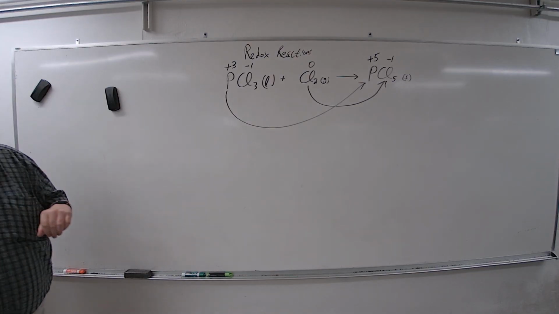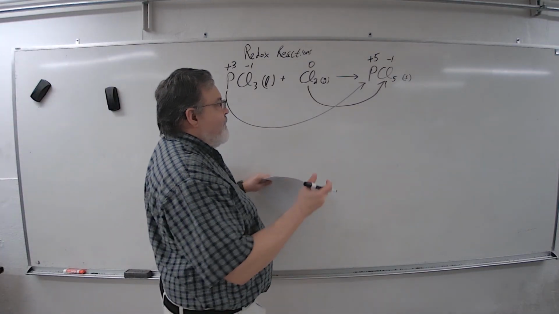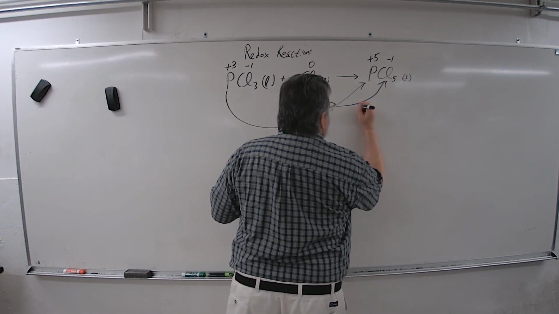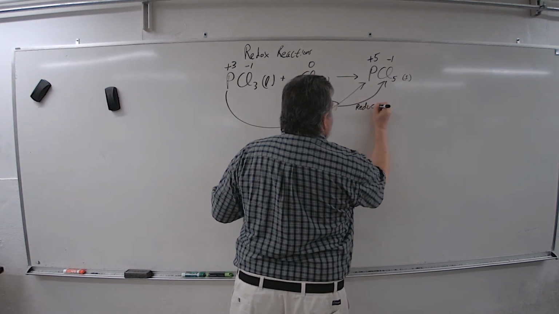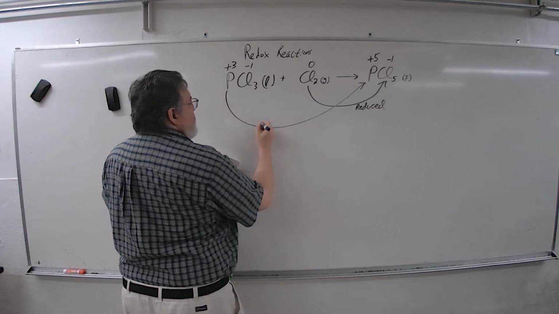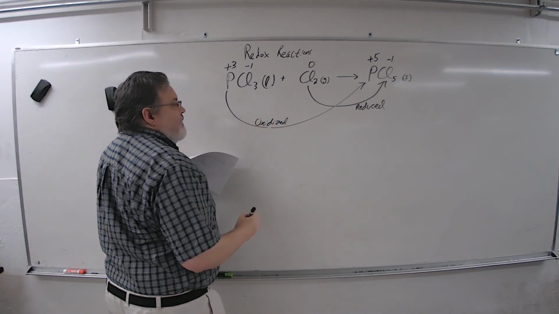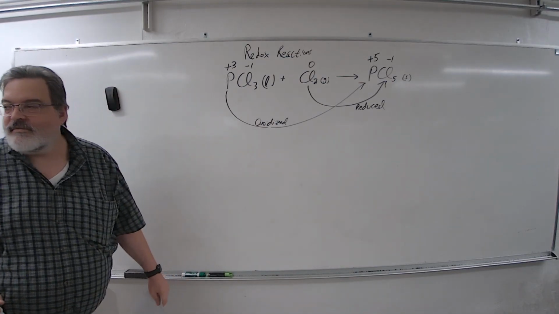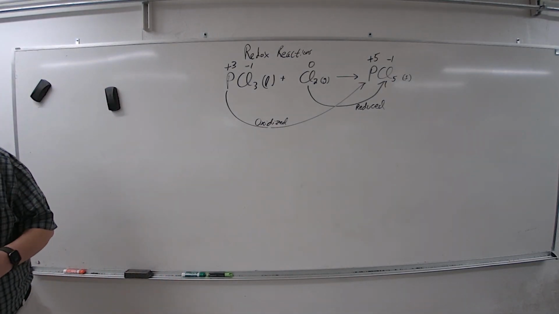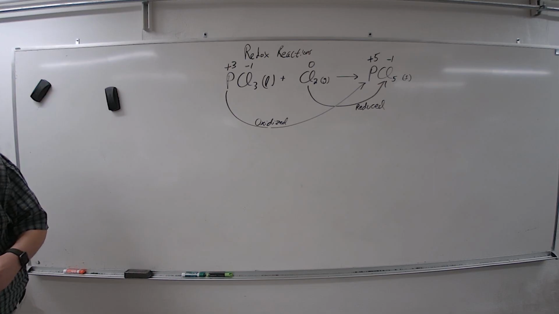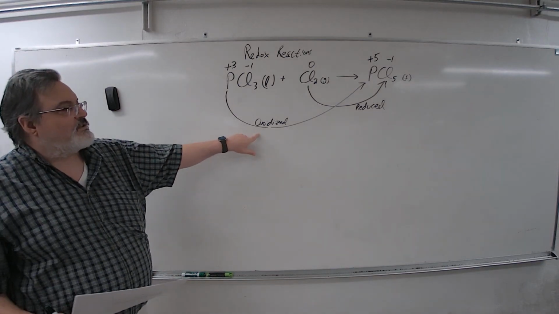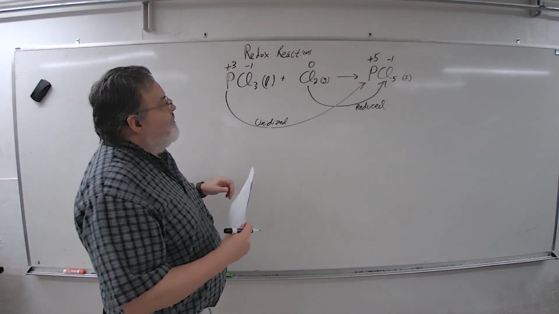Cl. Cl was reduced. Its charge went from 0 down to -1. Phosphorus was oxidized. Which one gained electrons? Cl gained electrons, and phosphorus lost 2 electrons. Okay.